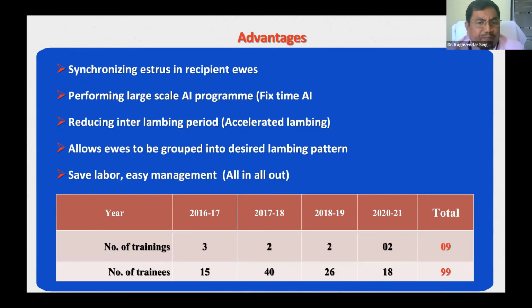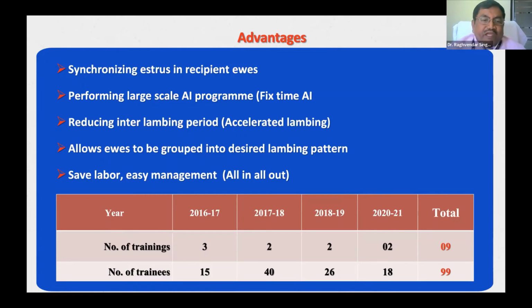It also reduces the interlambing period. In 2 years we can take 3 crops, which is not possible in general. So in commercial farming we can get one additional crop. It also allows ewes to be grouped into the desired lambing time. Suppose you want to breed your sheep in a particular season, so the lambing can come on a particular festival.